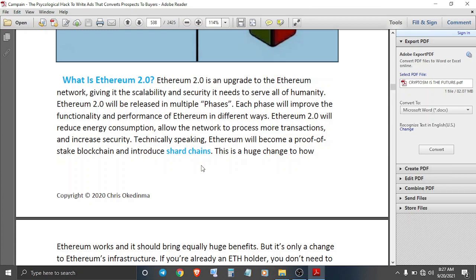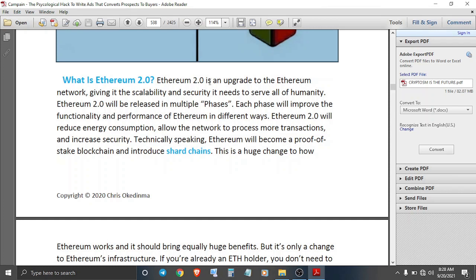I think now it has not gotten to its full scale, and it's still suffering with the gas fee. And this Ethereum 2.0 was a strategy to address the gas fees and some other problems the normal Ethereum network was facing. So that was the upgrade 2.0.